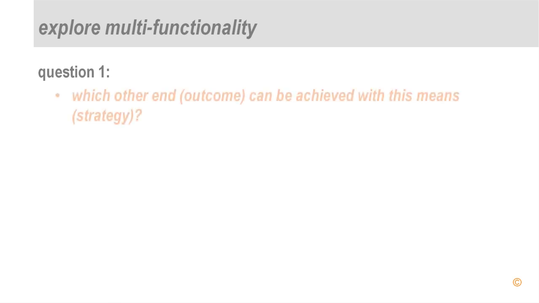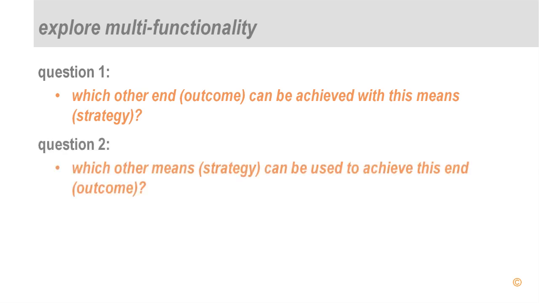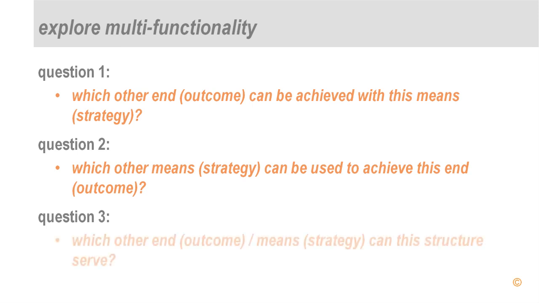The questions that lead us to multifunctionality are which other outcome or end can be achieved with this particular means or strategy. The second question is which other means or strategy can be used to achieve this particular end. Question 3 is which other end or outcome can this particular structure serve.